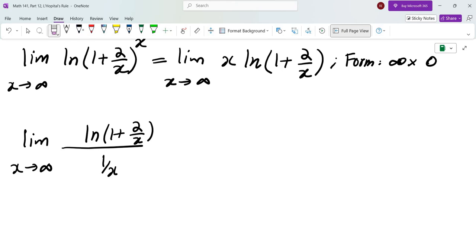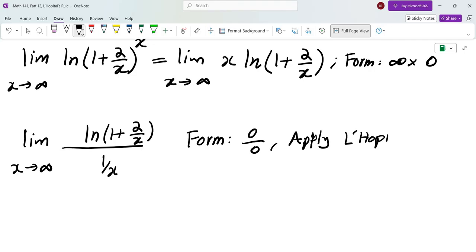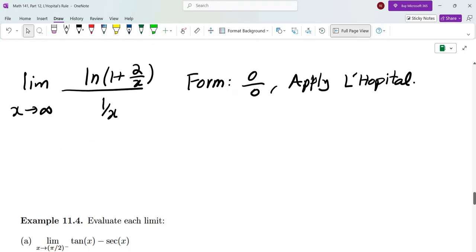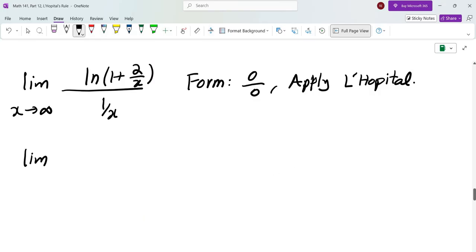Now we will apply L'Hopital's rule. So let's check the form and then we'll apply L'Hopital's rule. So the form is 0 over 0 now. So if we do so, we are going to get the limit as x goes to infinity.